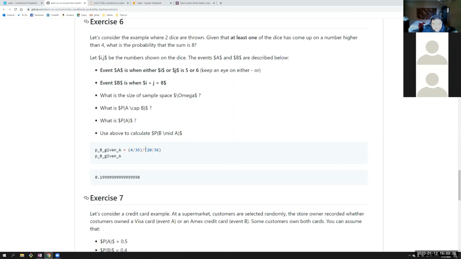Now why is it 4 over 36? The 36 is probably the 6 to the second, right? There are 4 outcomes that meet the criteria: event A is that either die is 5 or 6, and event B is that the sum of them is 8. And that means there are 4 outcomes that fulfill that criteria. The question is why?